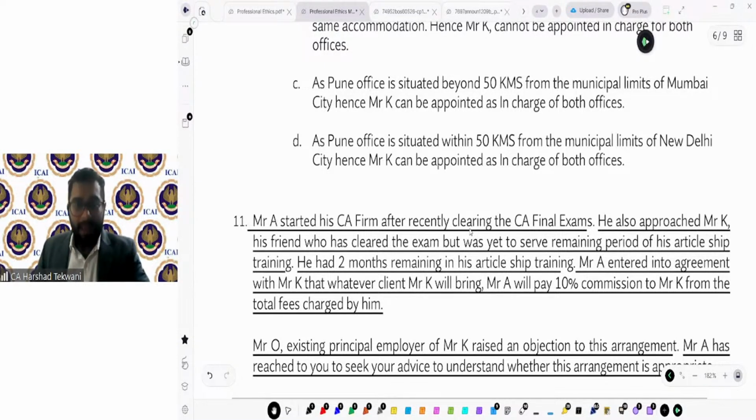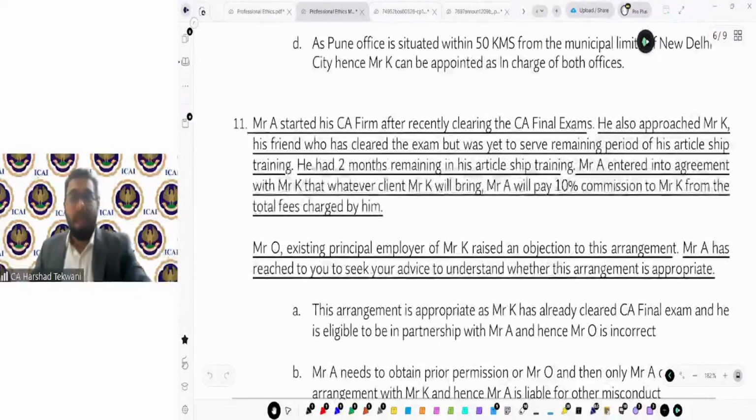So in the current case, what we saw was in clause 2, if a chartered accountant in practice allows or agrees to pay, but in clause 3, if he accepts the commission. So clause 2 talks about paying the commission, and clause 3 talks about accepting the commission. In this case, Mr. A, who started the CA firm, is promising to pay commission to a non-CA or member, or to a person to whom he cannot share a percentage of his fees or profit.